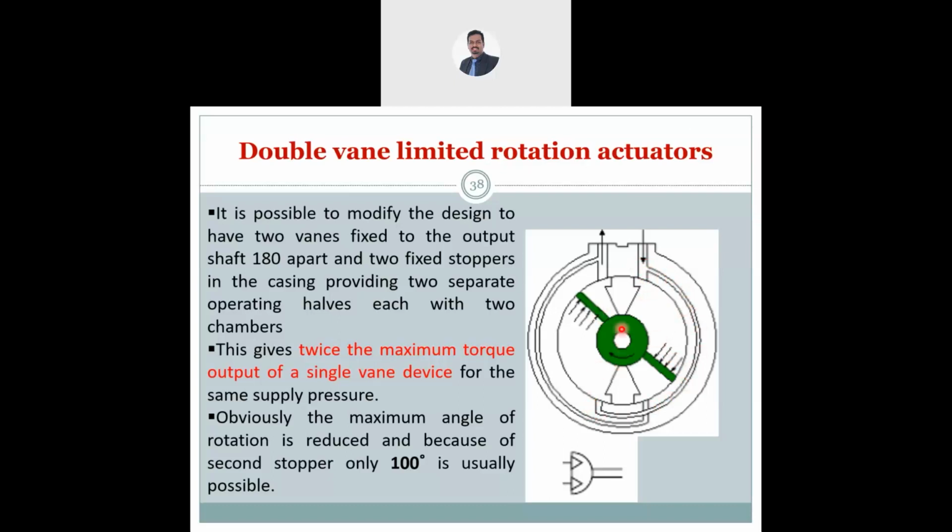Okay, so both will move together. But the only disadvantage is because of these stoppers, it can only move up to 100 degrees. Like before 270 degrees, this maximum can go up to 100 degrees. Sorry, 100 degrees, the angle.